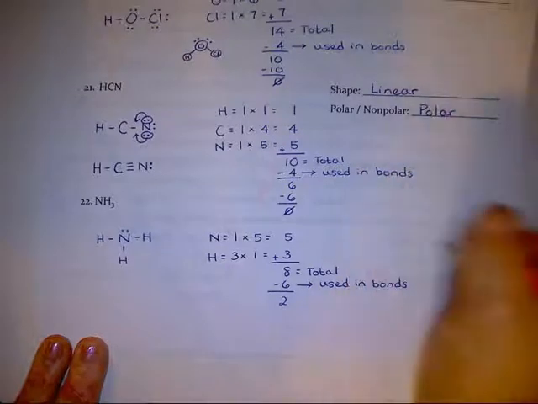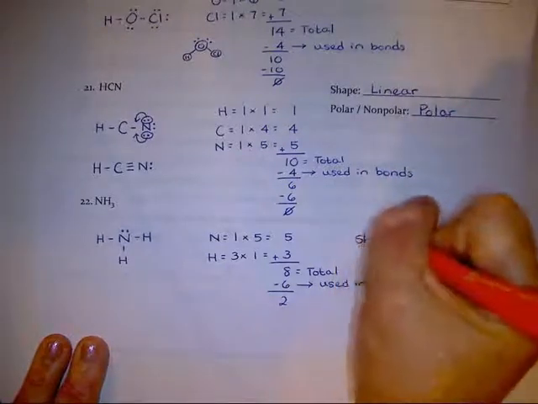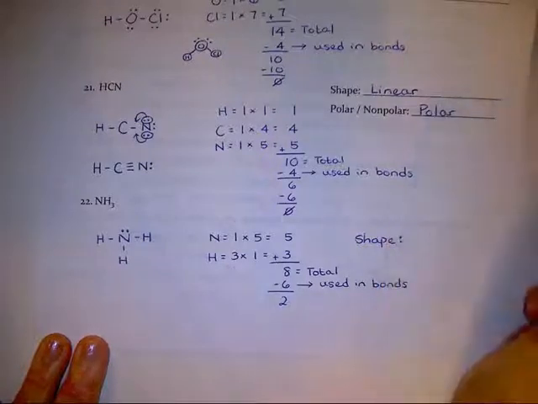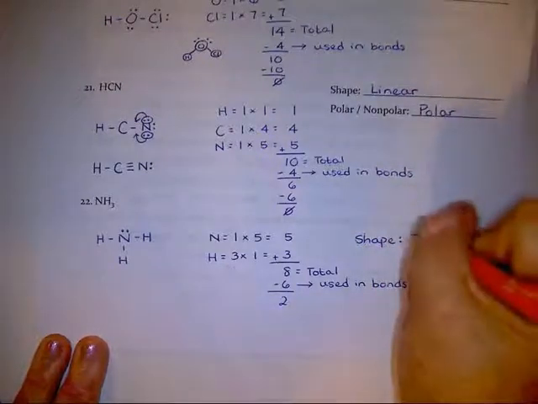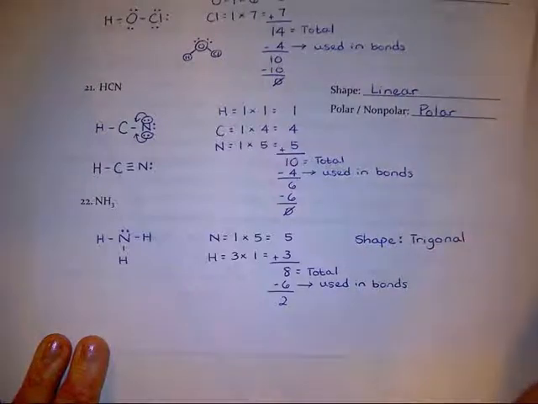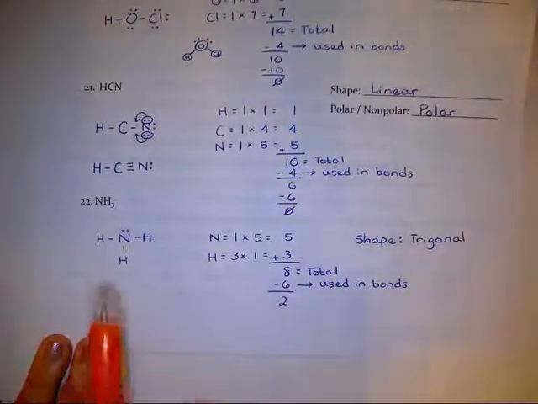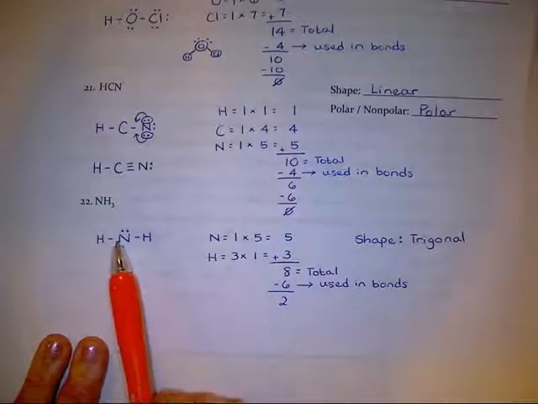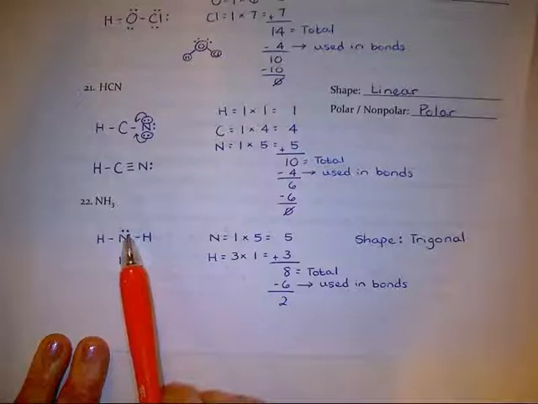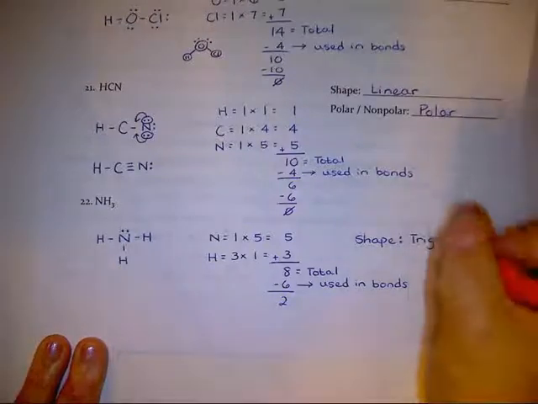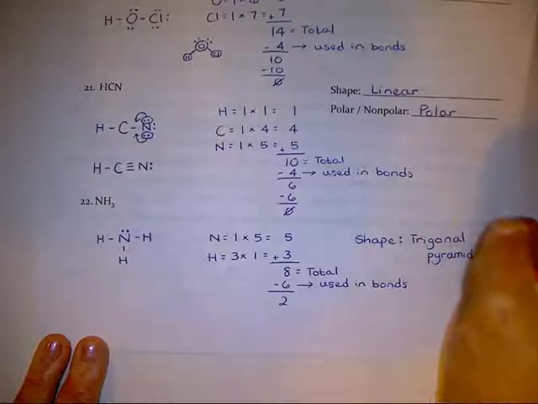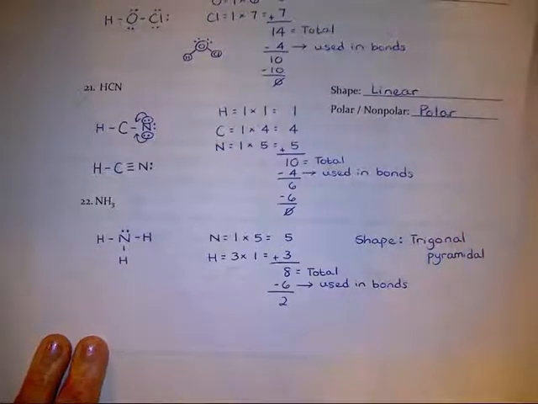Now, I know that there's no space for the shape or the polarity, but the shape for this one is going to be a trigonal. Now, is it going to be trigonal planar or is it going to be trigonal pyramidal? What you have to look at is, again, that central atom. It has an extra electron pair on the central atom, which means this is going to become a trigonal pyramid, okay, instead of a trigonal planar.